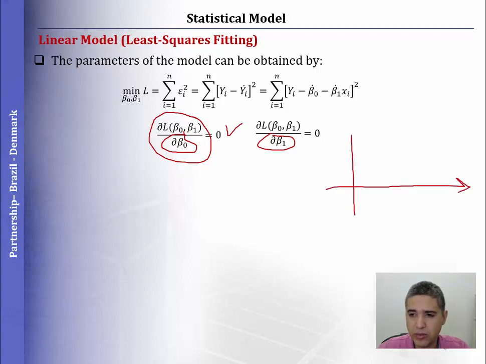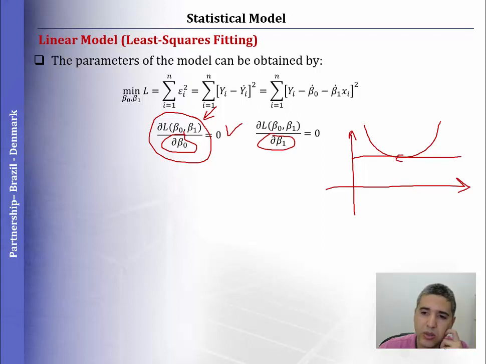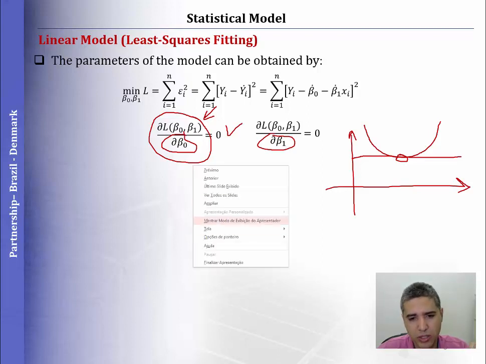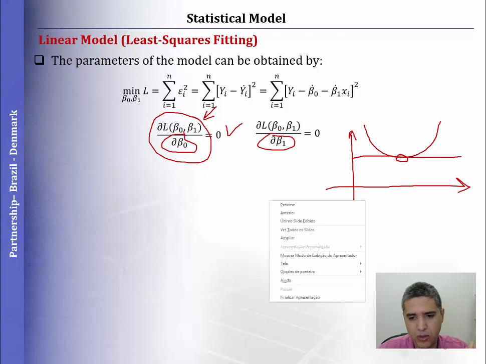In this way, for a quadratic function like this, when we compute this derivative and make it equal to 0, we guarantee that we are in this point, and then we have the minimum value associated with this function.